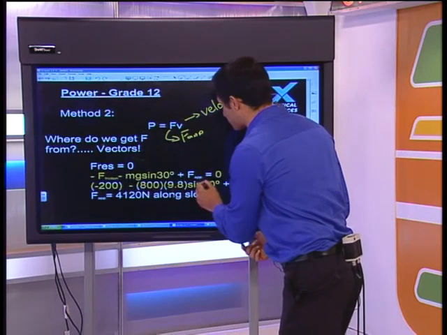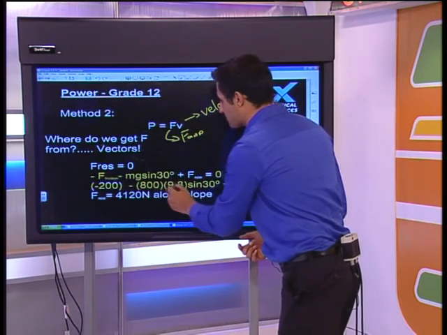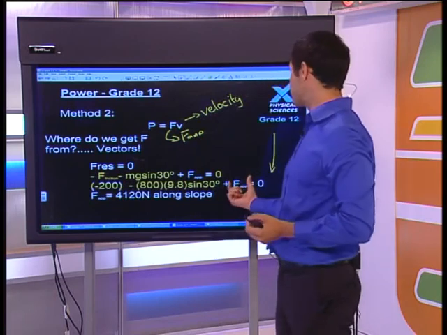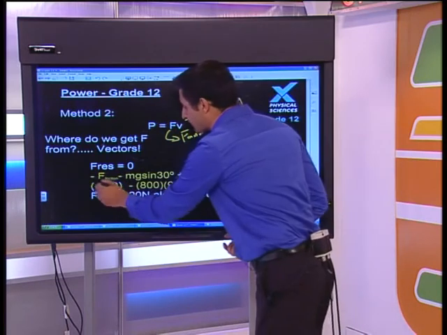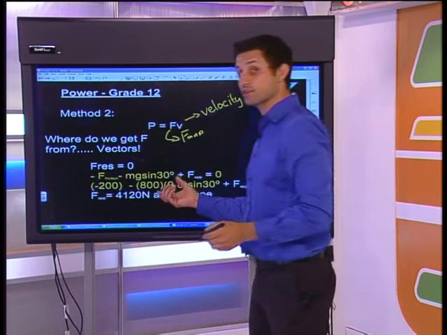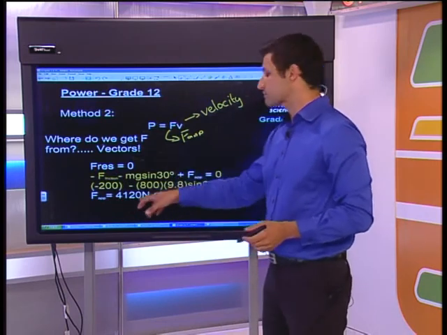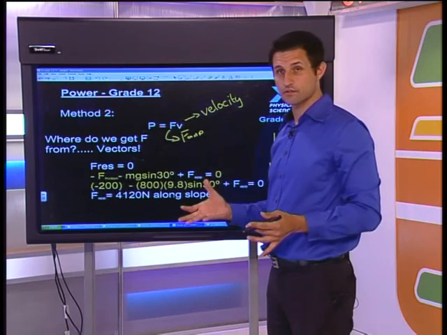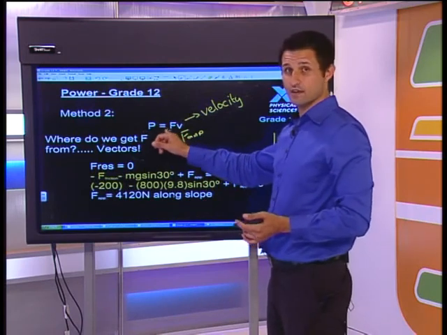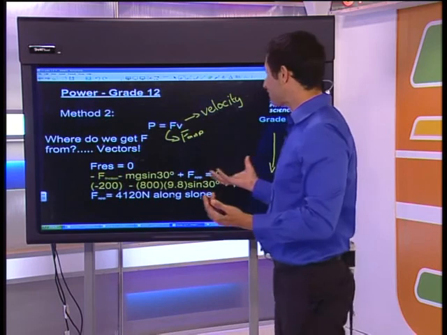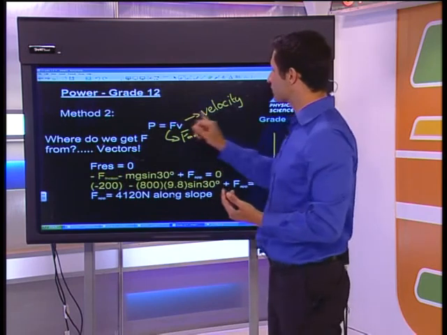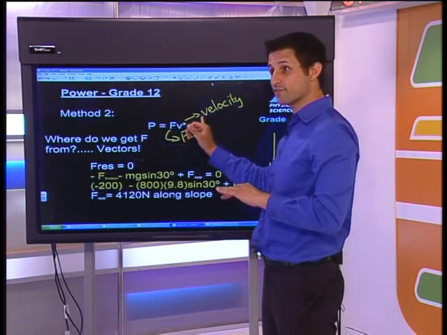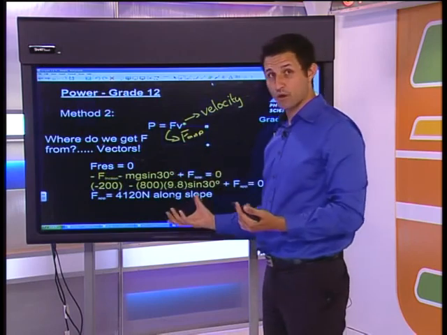So I've got my substitution going in. Okay. All right. Now all that's remaining is my force applied. I definitely have everything that I need. The only thing which comes out is my force applied. That's what I need for my power equation. The last thing that I need over here is my velocity. So if I put all of this together, I've got my force multiplied by my velocity, and I can get my power which comes out of there.